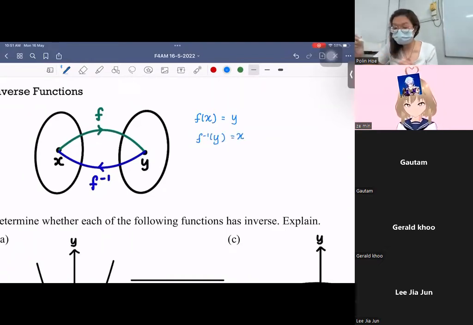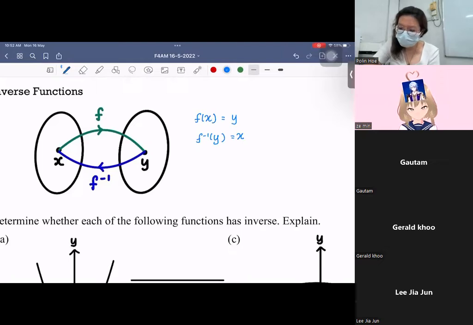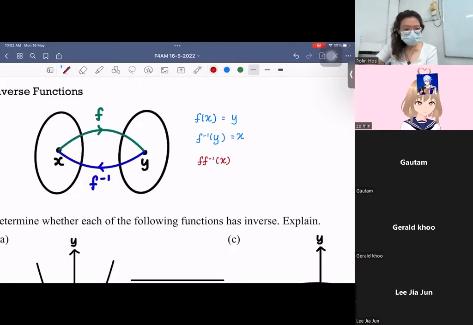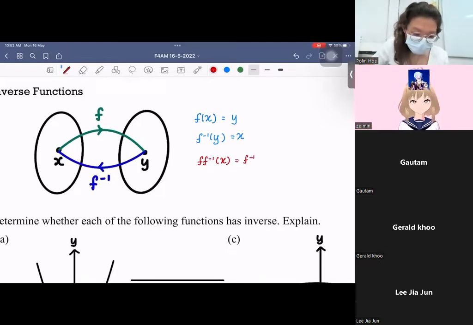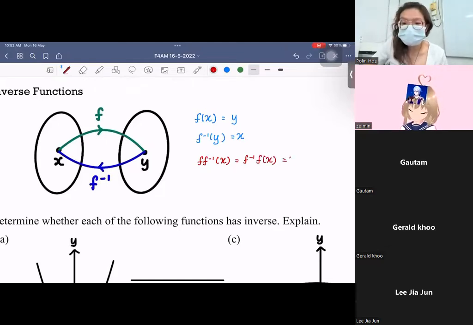Another theory for this is f inverse of f(x) equals x.